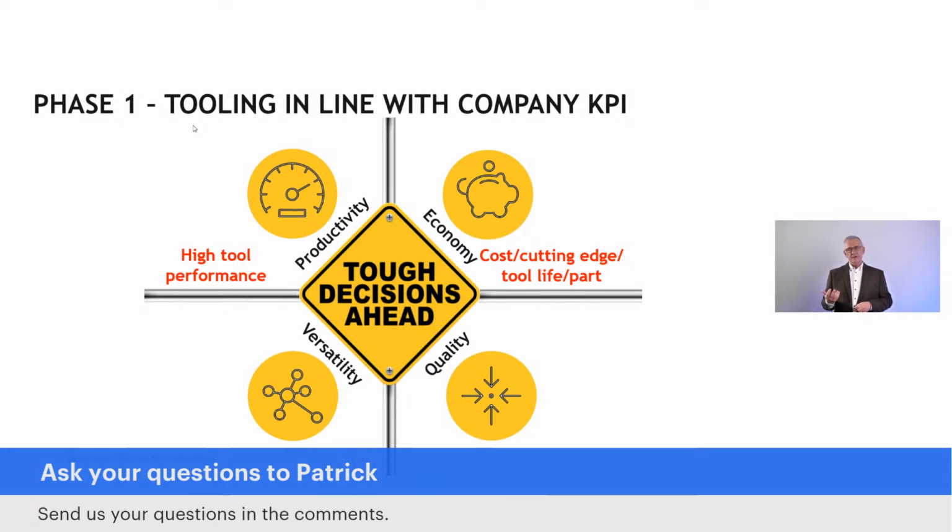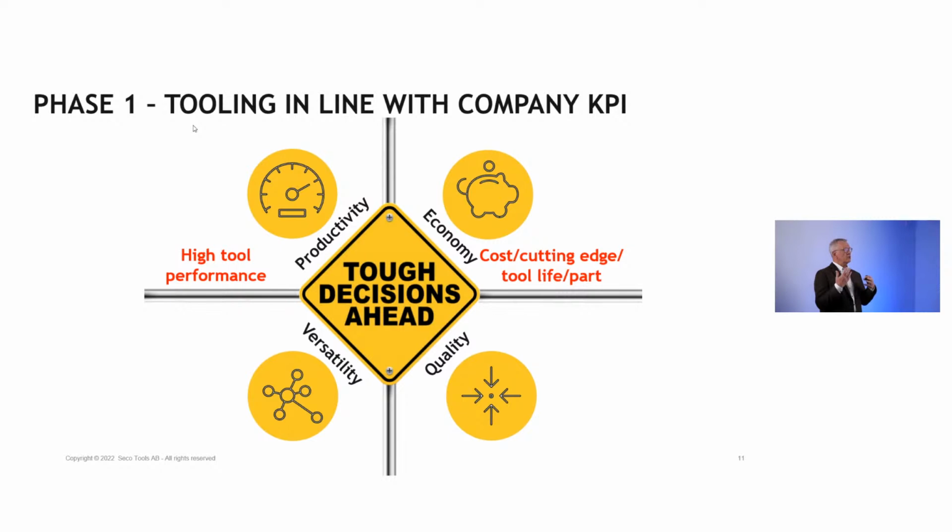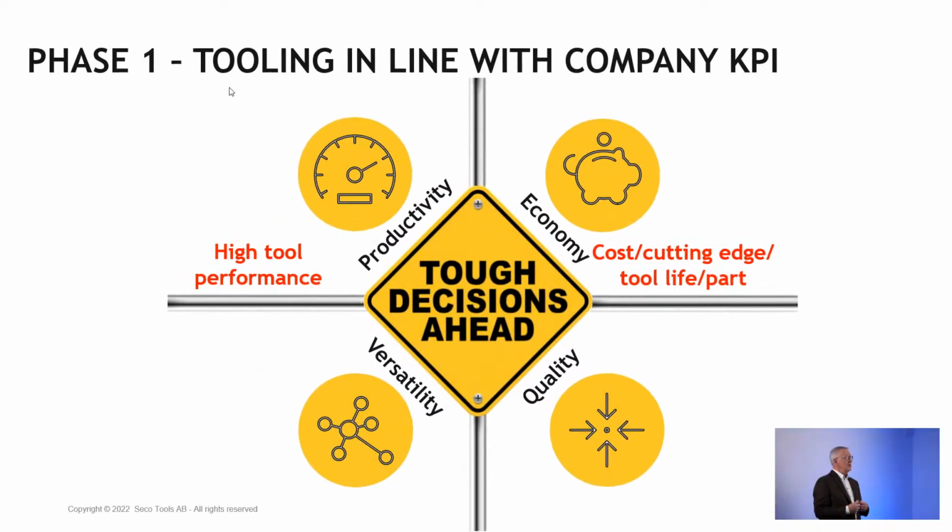If, however, economy, cost efficiency is your main driver, cutting tools need to be in line with that. Cutting tools need to be chosen so that the cost per cutting edge, per tool life, per part is what you concentrate on. To the left is what we refer to as productive machining, high productivity machining.